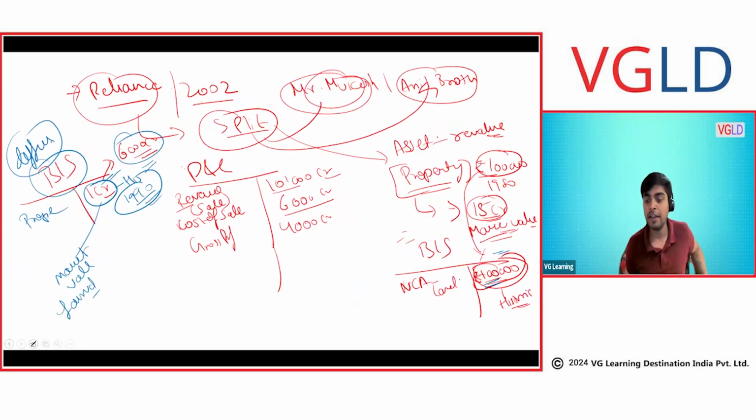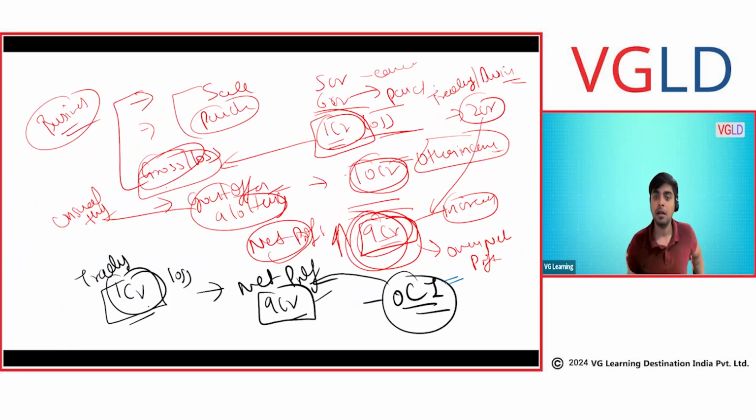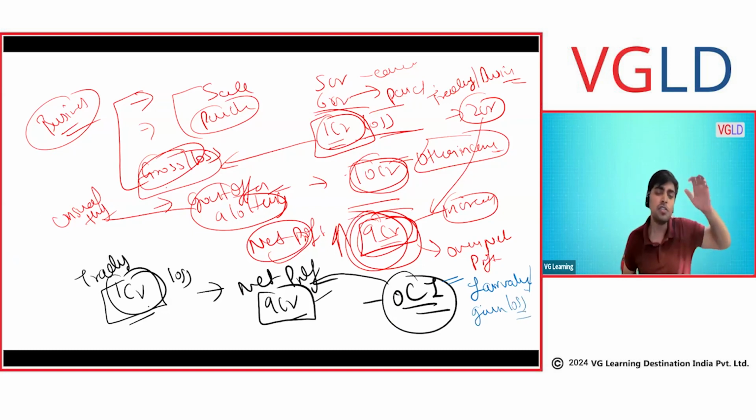And that is why we have included it in OCI. Whatever fair value gain or loss comes due to change in market value is not related to business. This is basically market demand and supply happening, and you're not doing anything here.